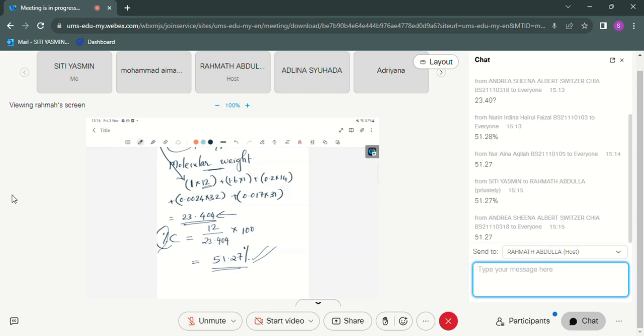Okay, now I'm going to give you our next question. So I'm going to forward it to Aina again. Okay, so this one is about the empirical formula. So I want you to read that first.